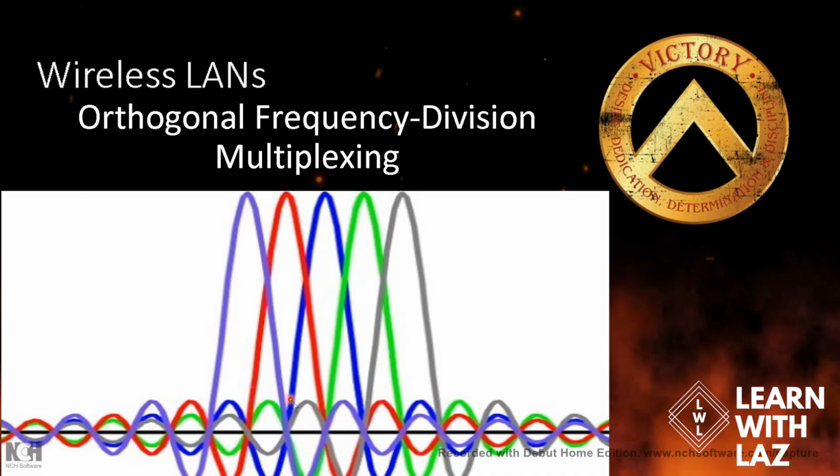The red, the blue, the green, the gray, they're all down here, nothing. So when one is at its peak, the other frequencies are at the bottom, so they're not going to be interfering with that one. That's why it's going to be a lot crisper.